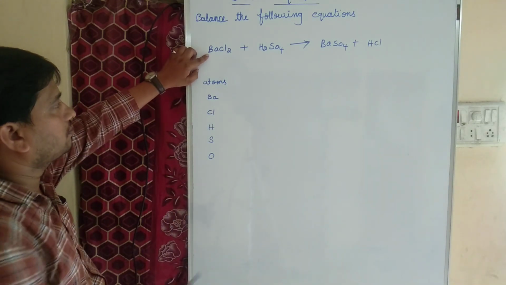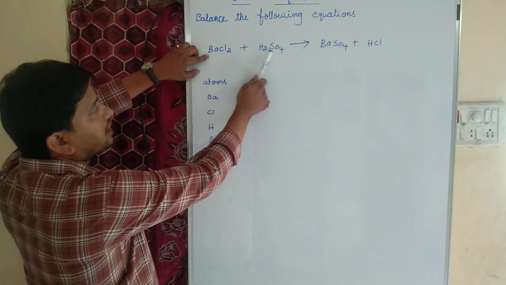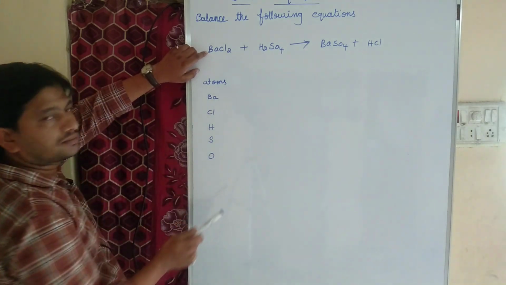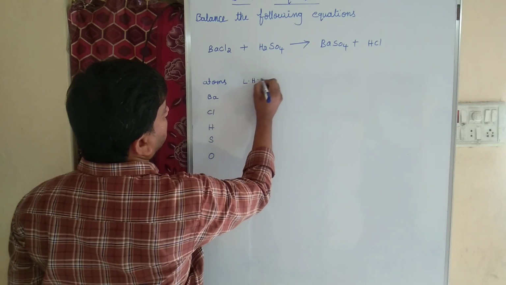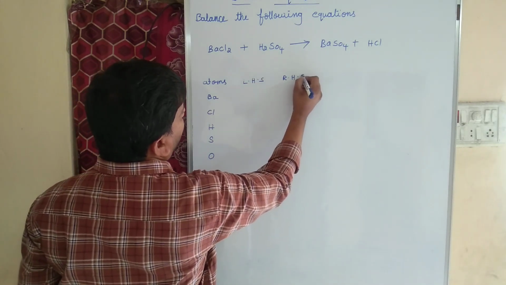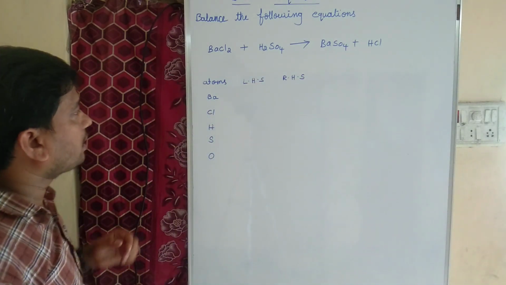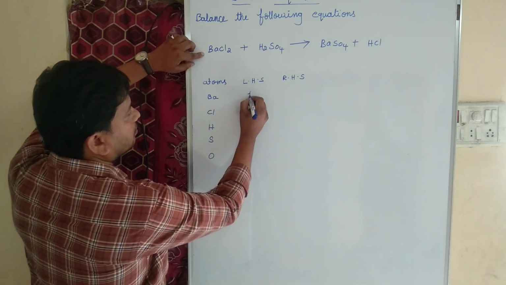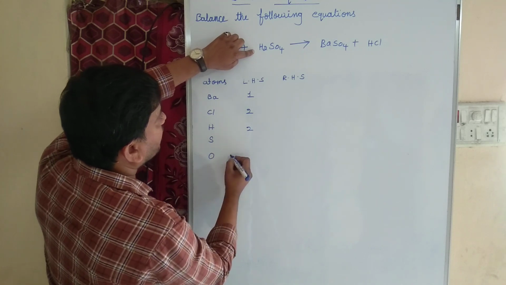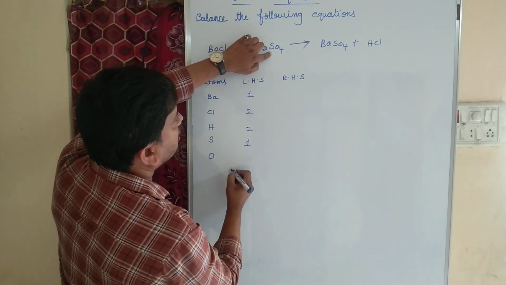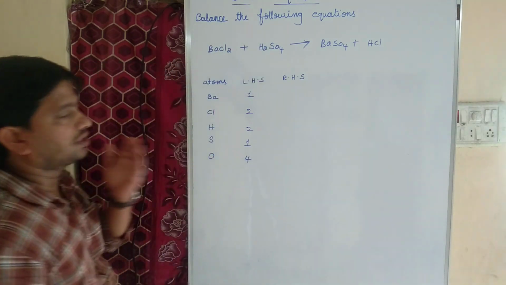Now see the number of atoms present on the LHS and the RHS. If you observe properly, we have 1 atom of barium, 2 atoms of chlorine, 2 atoms of hydrogen, 1 atom of sulfur, 4 atoms of oxygen.